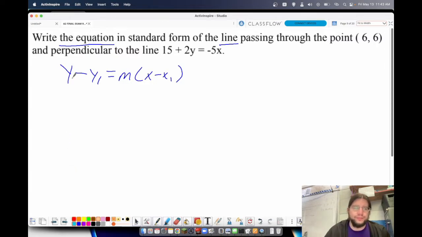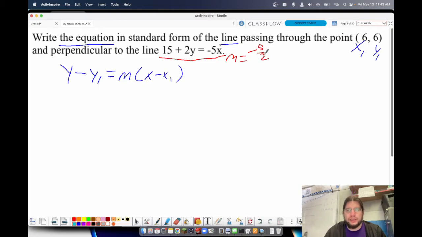So y and x stay y and x. We got our point here: this is x1, that's y1. It's perpendicular to this thing. Remember, perpendicular means it has a negative reciprocal slope. So if I look at just this piece right here and find the slope of that, it's going to be negative 5/2.